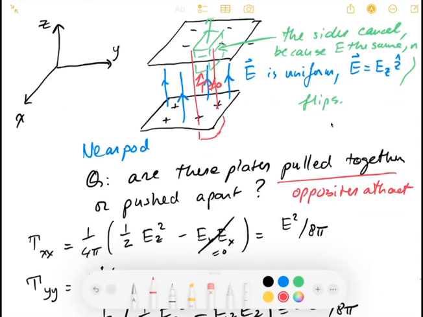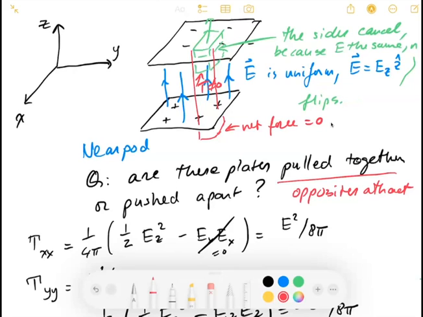For this red box, the top of that box is in a place where the E field is 0, and the bottom of that box is in a region of space where the E field is again 0, which means that there's no net force on all this stuff that's in the red box. So net force is 0.